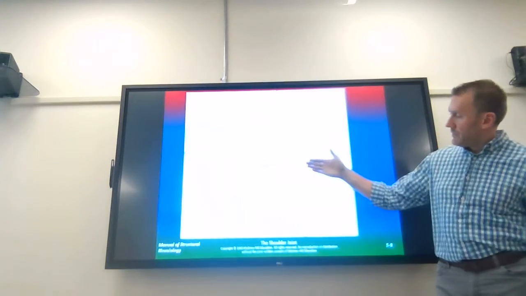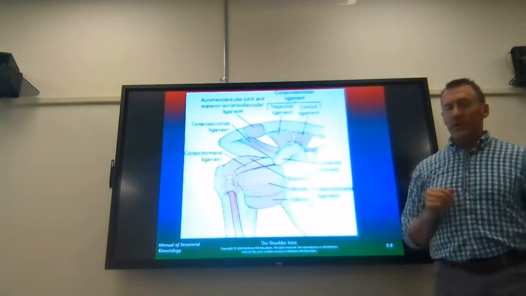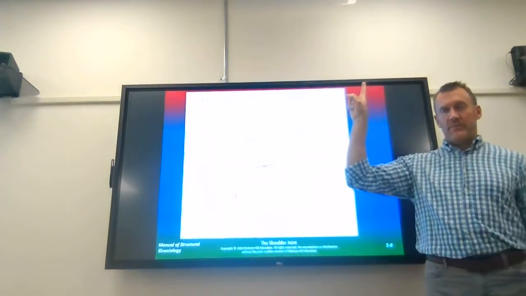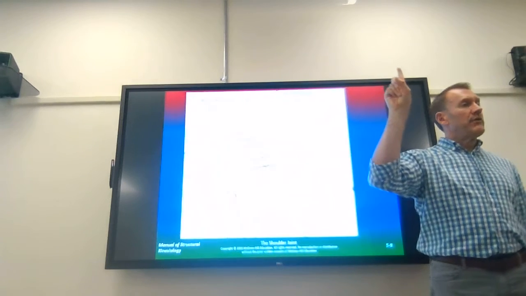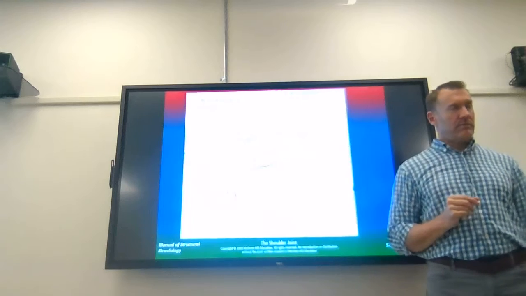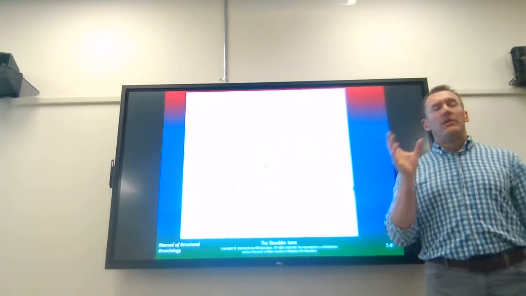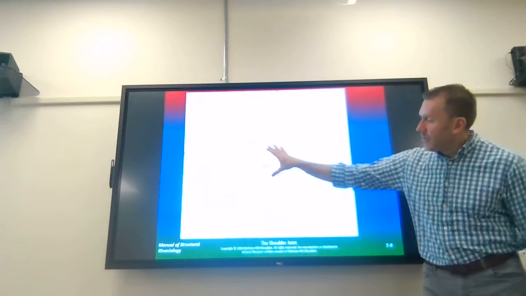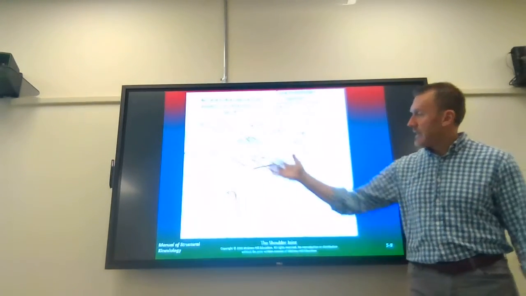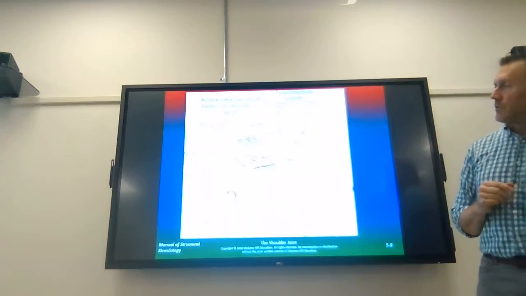So you have this superior, middle, and inferior glenohumeral ligament. So that's one. That's the first of the 4, glenohumeral ligaments. So this makes up the capsule. So this is underneath all the muscle making up the shoulder joint capsule. So these aren't muscles. The illustration is a little bit poor. It makes it look like muscles, but it's actually the capsule for the shoulder joint.